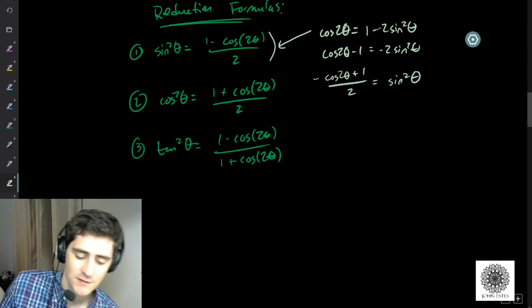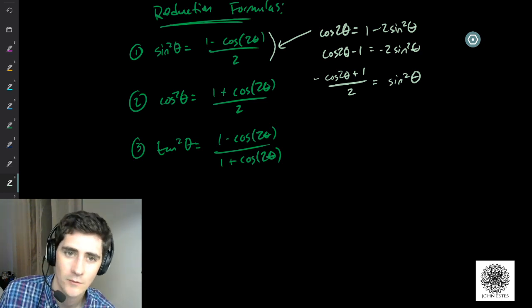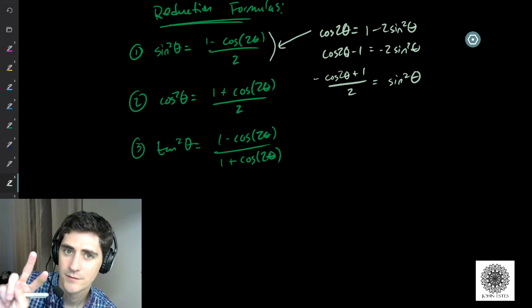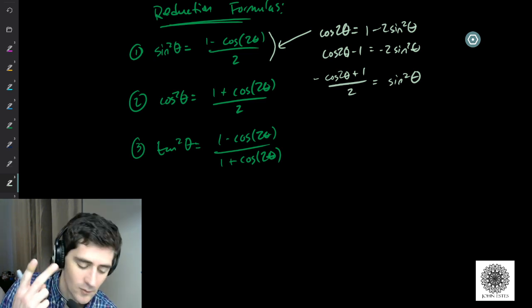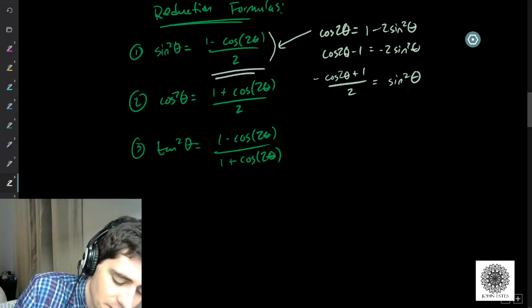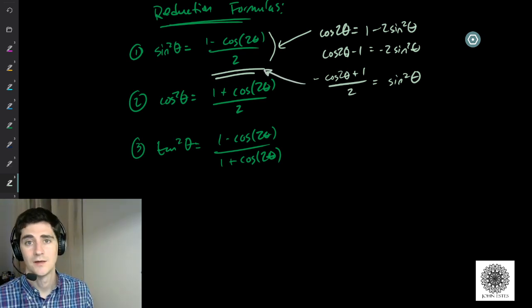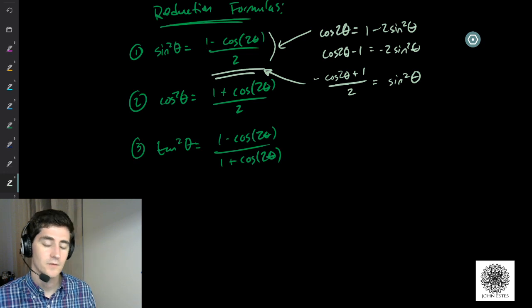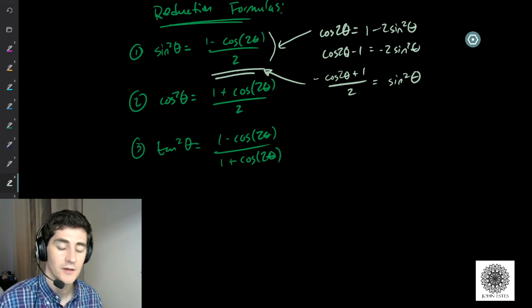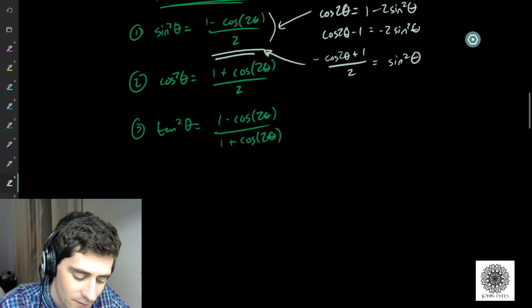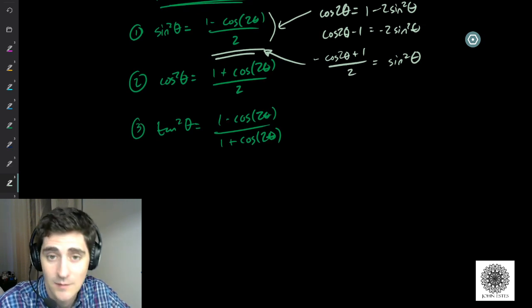And then negative cosine 2 theta plus 1 is a little bit more awkward than if we just reorder the terms and say 1 minus cosine 2 theta over 2. That's how we get that. We're just solving algebraically for sine squared using the double angle identity. And you can see then for cosine squared, that's the same thing.